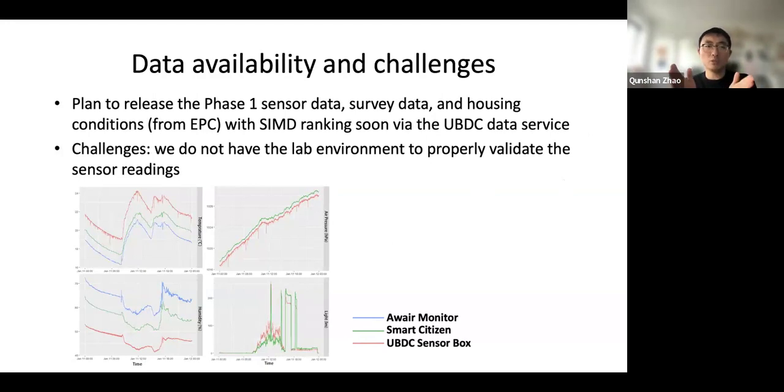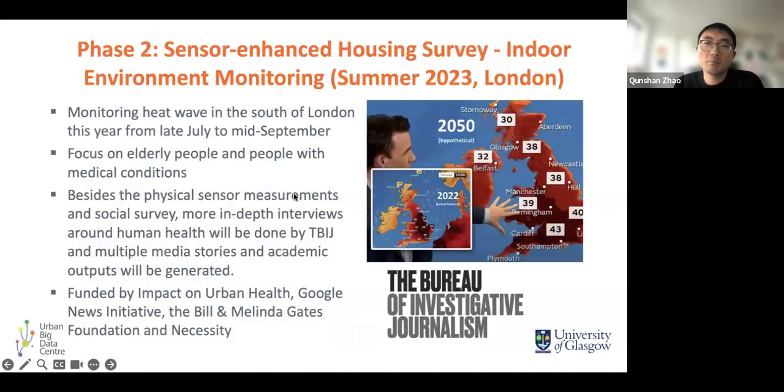If you want to use the sensor just to compare differences in temperature, I think that should be fine. But if you want to use the absolute temperature, we certainly need to do more validation or calibration.